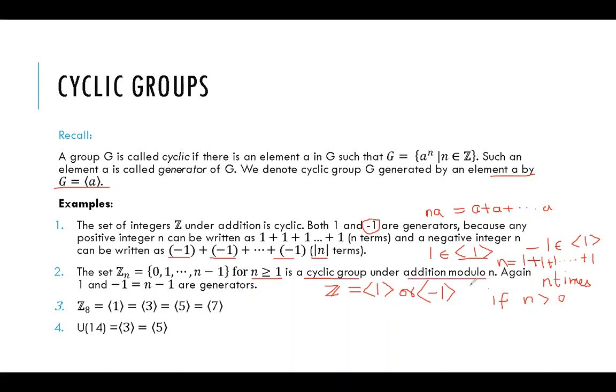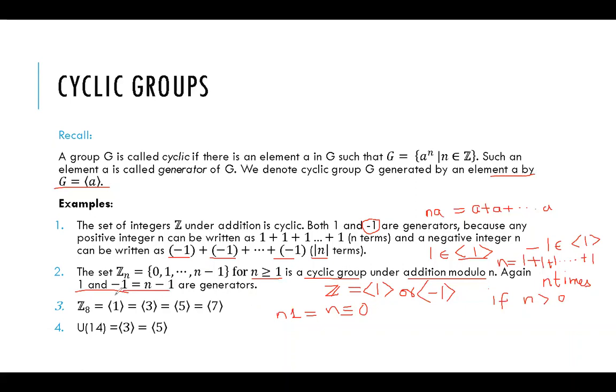The operation of this group is addition modulo n. Again, we have these elements 1 and -1 which generate this group. So 1 generates this group because we can have 1 plus 1 plus 1, and 0 is also there because if we add 1 with itself n times, then n times 1 is equal to n, which is congruent to the class of 0 mod n.